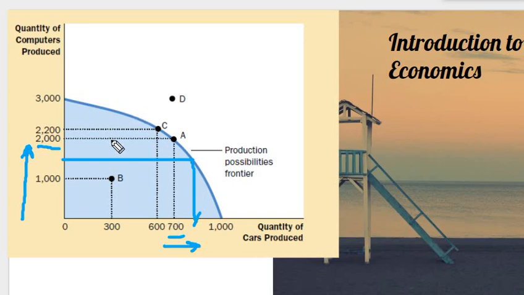right? So going by this rate of exchange, if you're producing 1 and you let go of, let's say, so the ratio is 1:3. So if you let go of one car, that one car is going to release enough resources in order to get you 3 computers.